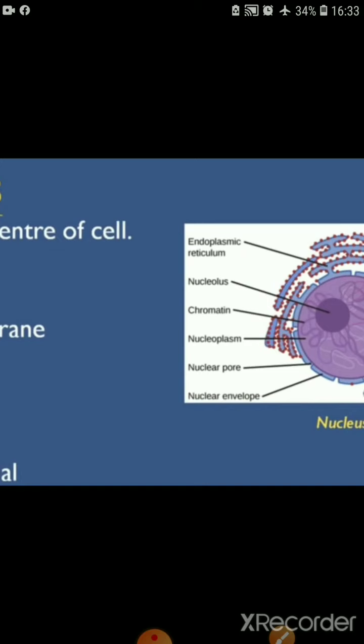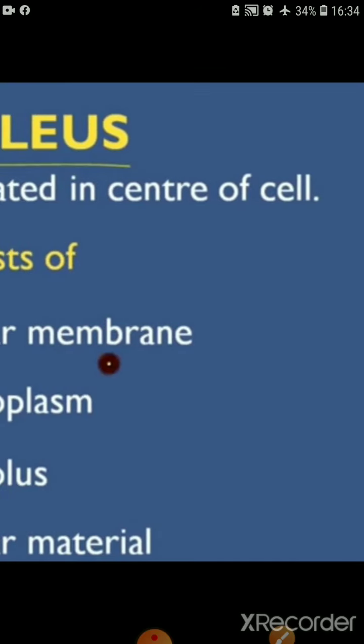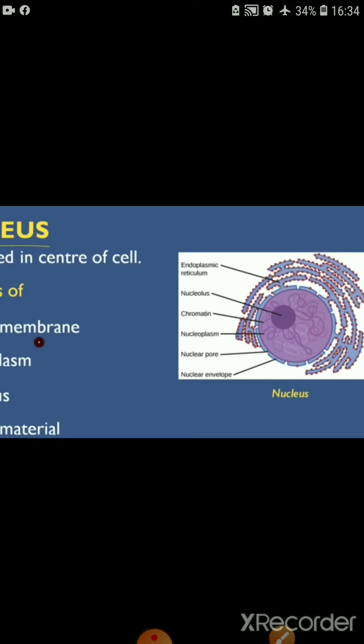This is one type of membrane which separates the nucleus from the cytoplasm, because we already know that protoplasm is divided into two parts, cytoplasm and nucleus. So the nucleus also has a nuclear membrane, right? That membrane is also called the envelope.